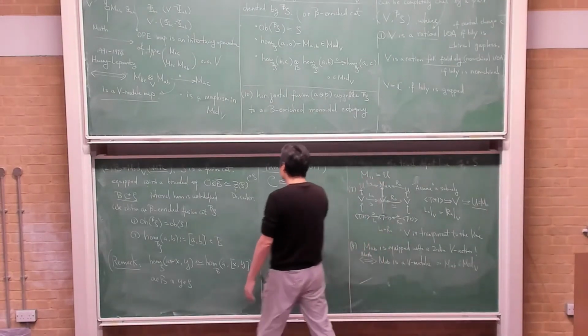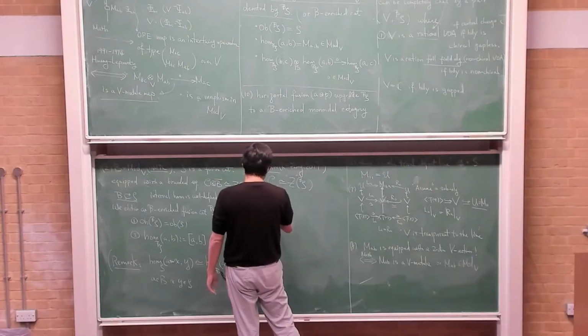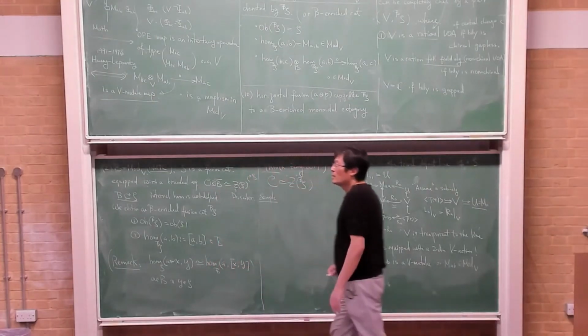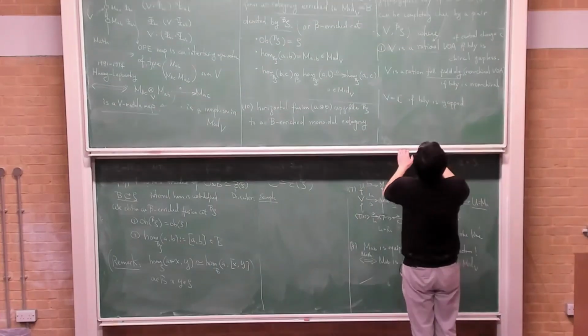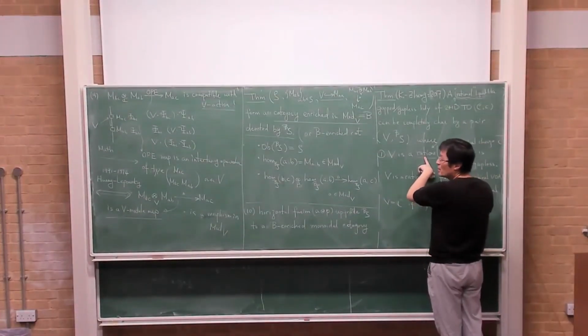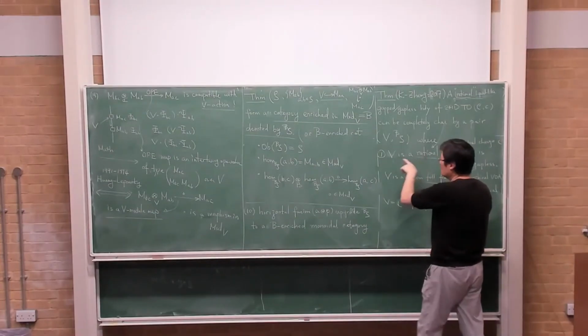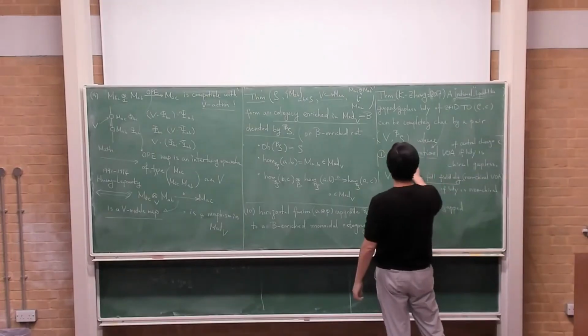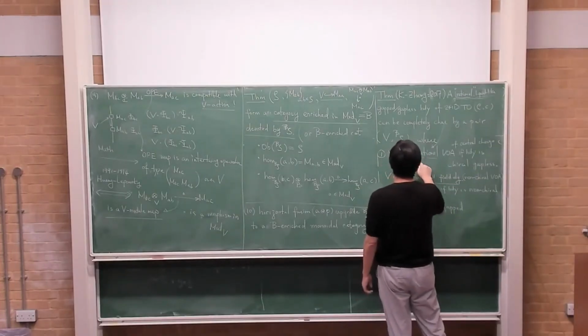Okay, so example. You probably find this very abstract. Rational just means that I assume V is rational here. If you drop this condition, this is the chiral algebra. So rational just means Mod V is a modular fusion category.